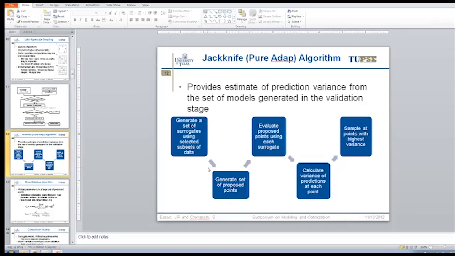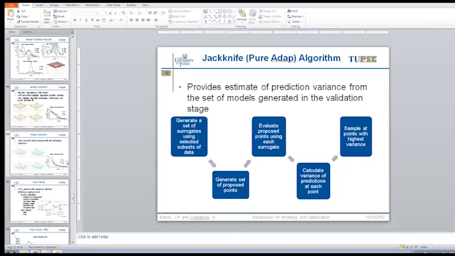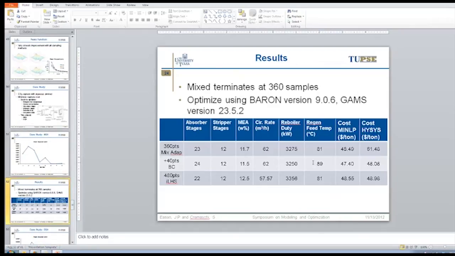Hi, this is Yan from Carnegie Mellon University again. I have another question about your case study results. I noticed there's a discrepancy between the optimal temperature you obtained with your pure adaptive samples and the optimal temperature in mixed adaptive sampling techniques.